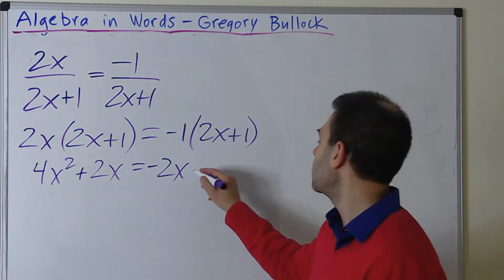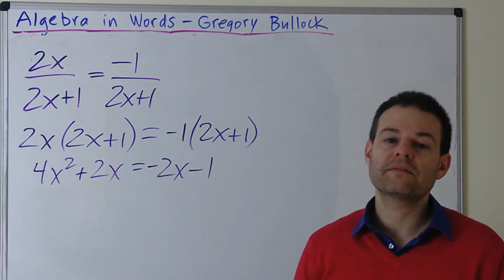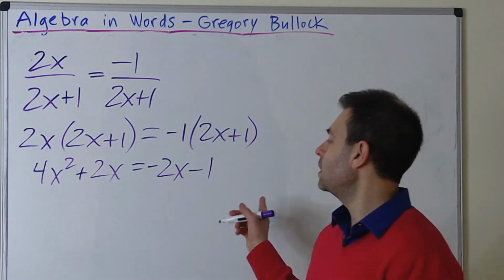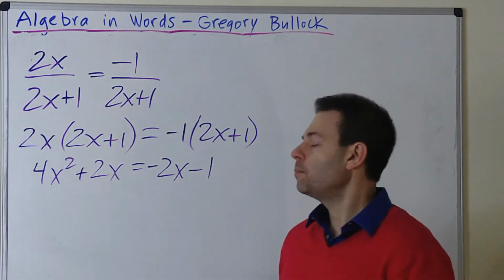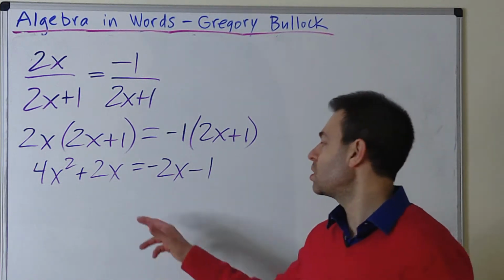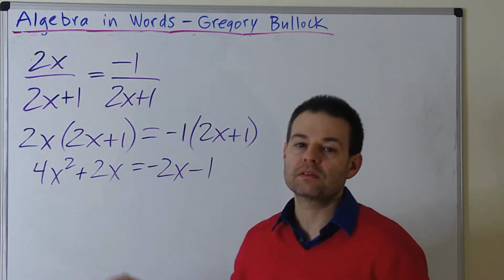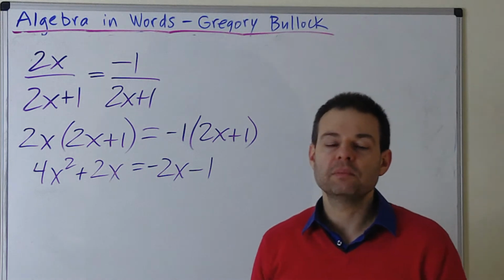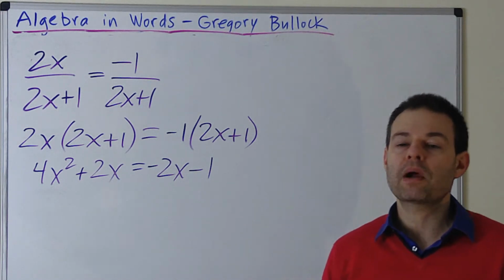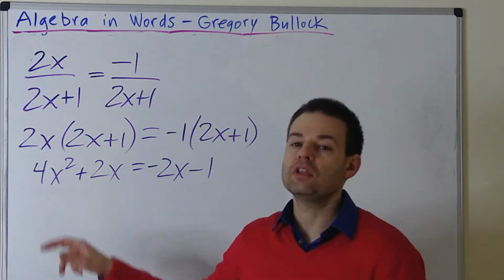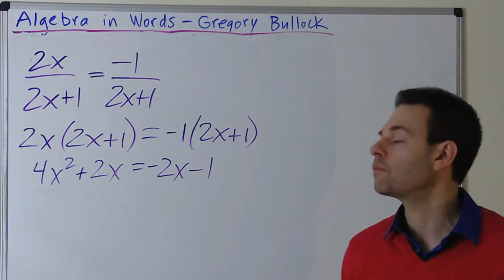And now let's move everything to one side of the equation, specifically the left side. And why do I recommend that side? Because you should move all the terms to the side that has the x squared already, which would be this side. May not seem like a big deal, but if we were to graph this, we would graph it properly by keeping the highest degree term on the side that it started from.